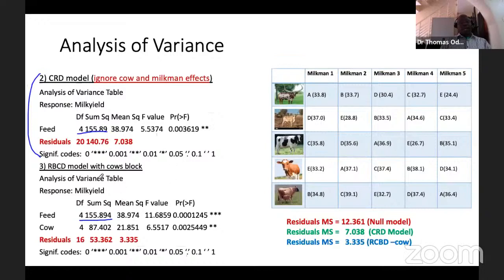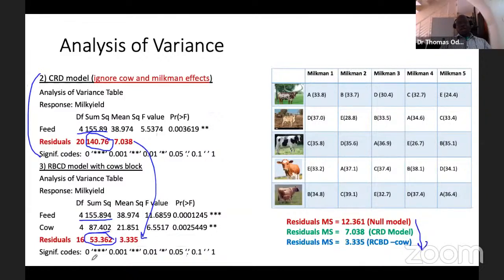But we also now have a sums of squares for the cow, and this was taken out of this. Here we had 140.76. Here now we only have 53.363. So by introducing the cow into our model, we change our residual from 7 to 3.33. We change it by more than half. So you can see now that our model is improving because we have less noise in our experiment.